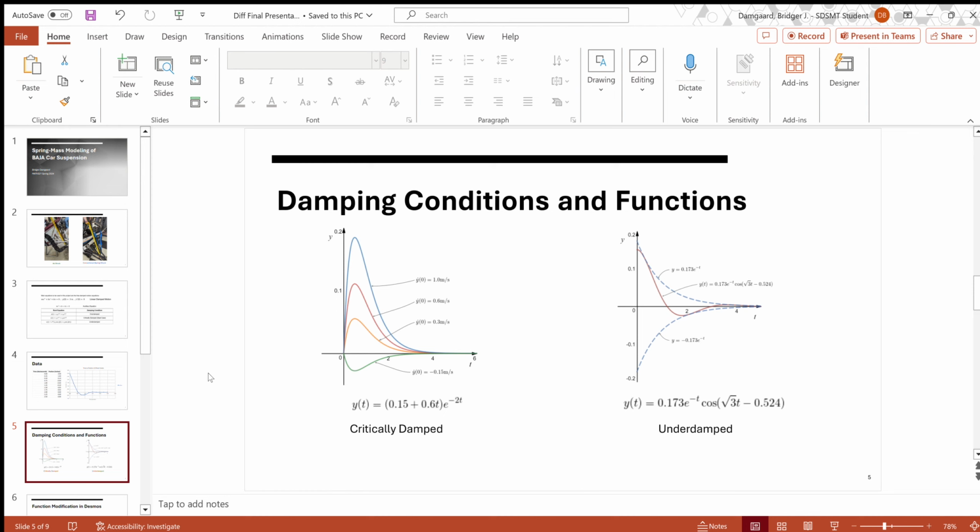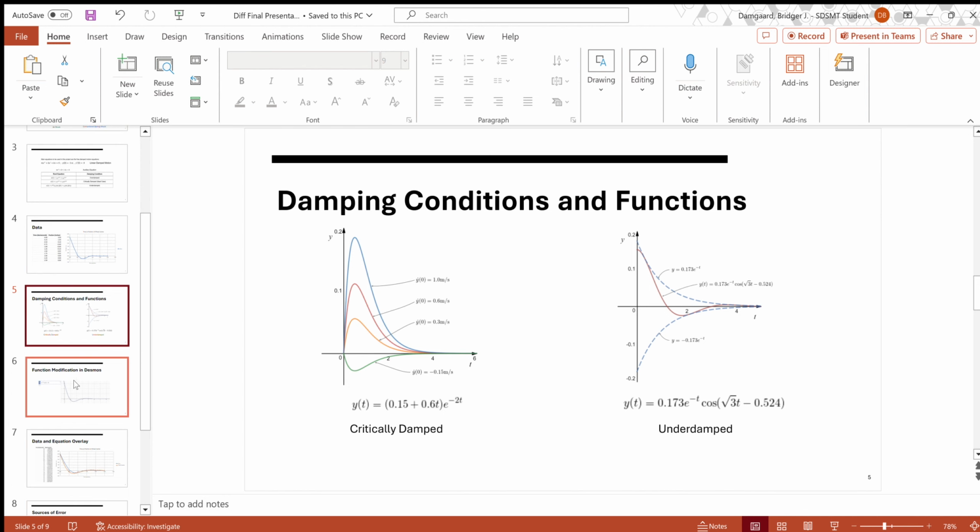So then I started looking at different damping conditions and then functions I found online from automobile setups. So actual car setups, which was a lot more useful than a lot of the other equations that I found for floating mass spring setups. Those were a lot less helpful.